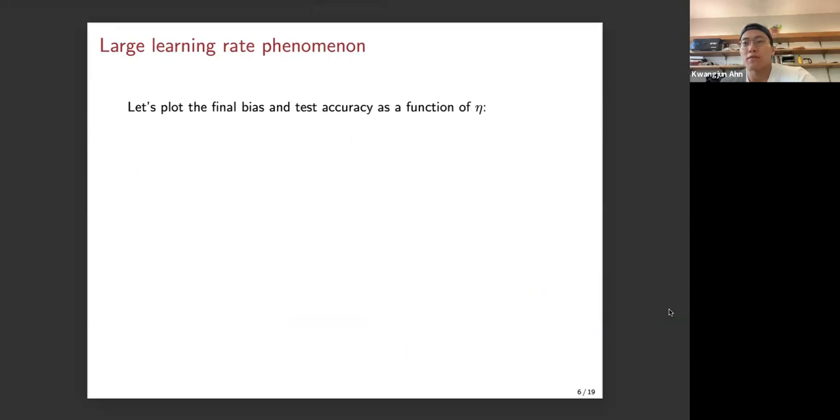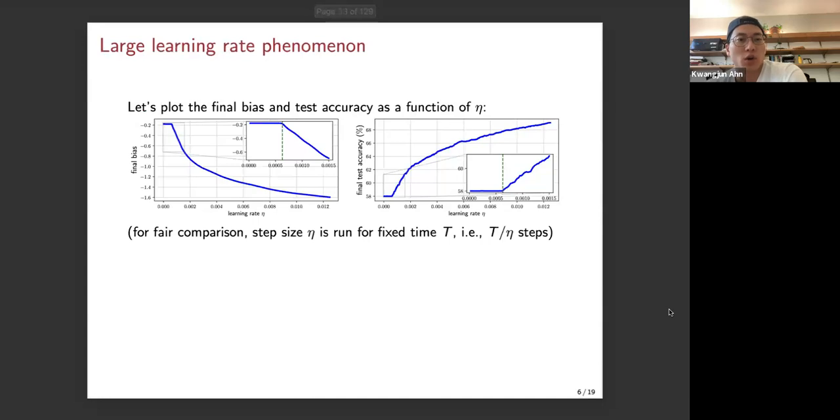A more striking phenomenon occurs when you plot the final bias and test accuracy as a function of eta. So what I'm showing is the final bias after training as a function of the learning rate eta, and also the corresponding final test accuracy after training.